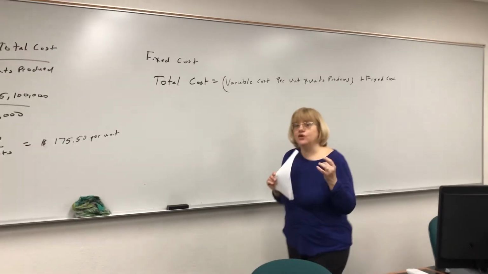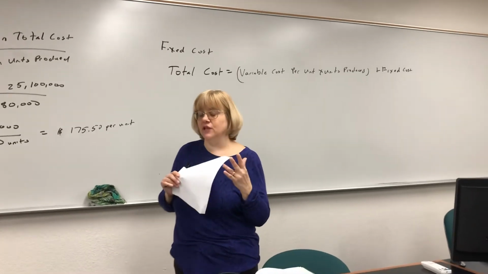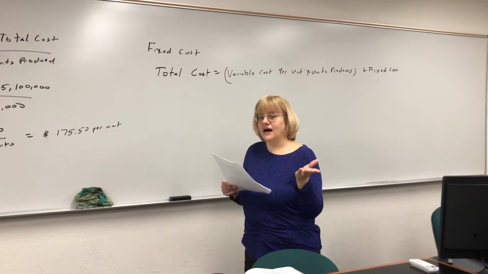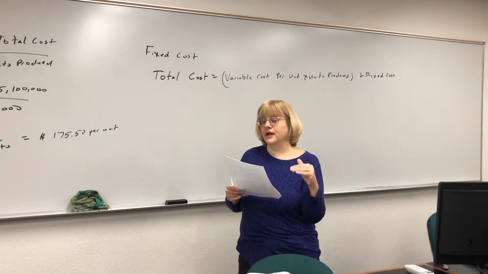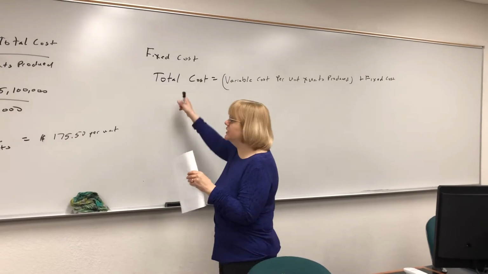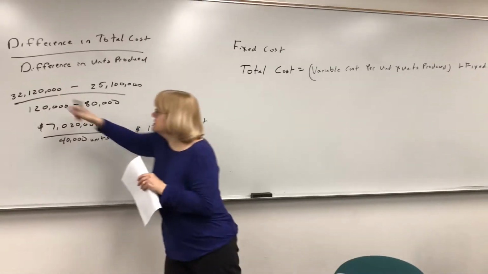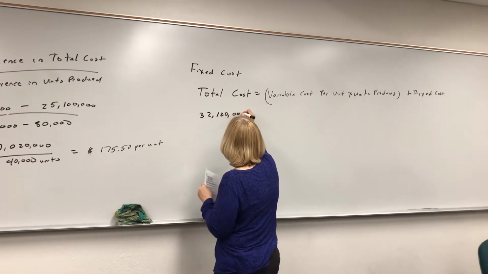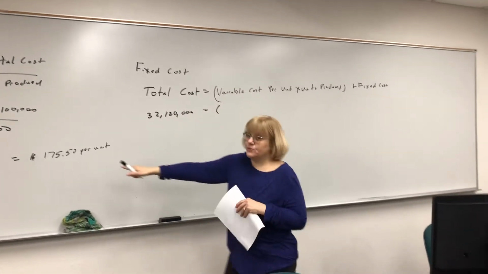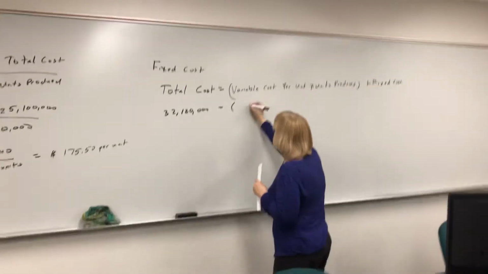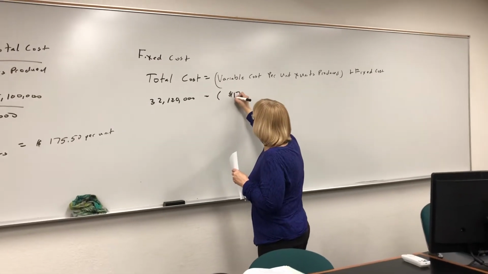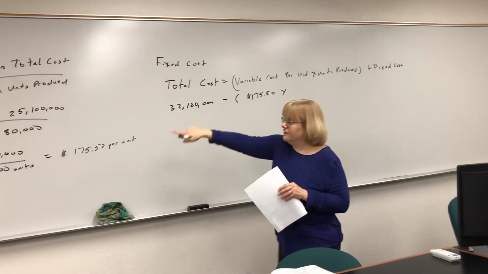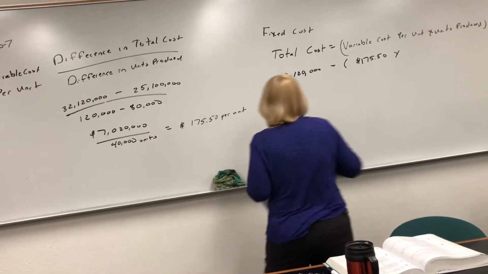So you can plug it in. You have to use either the highest point or the lowest point. Don't use another data point. So we'll just plug it into the highest level. You'll get the same answer whether you plug it into the highest or the lowest. So we know our total cost for the highest was this 32,120,000. Our variable cost per unit that we just solved for, 175.50, times at the highest level, the 120,000 units.